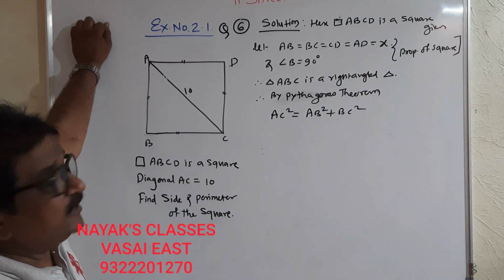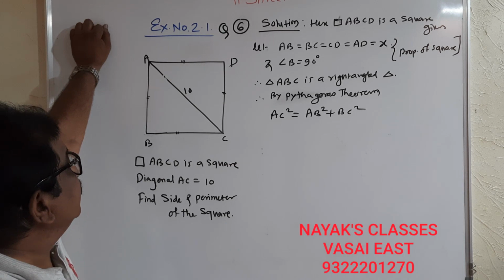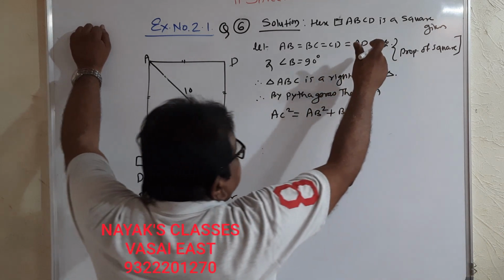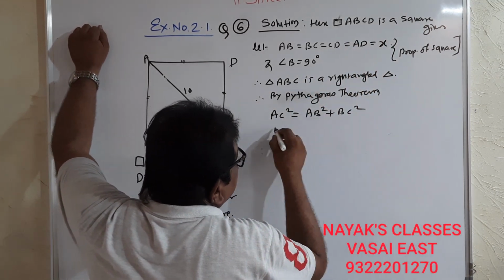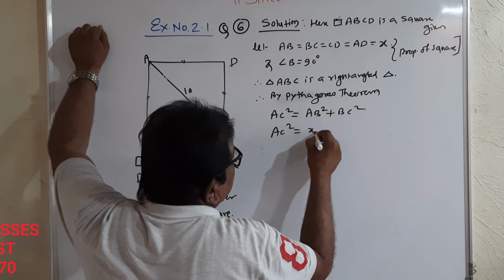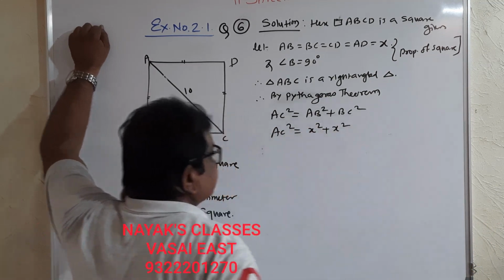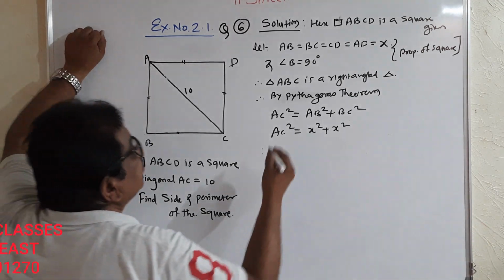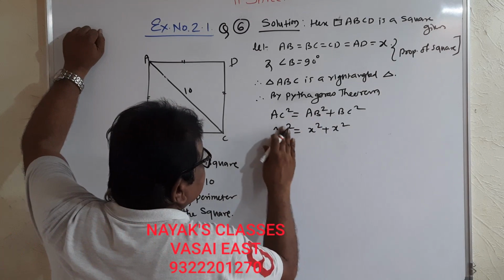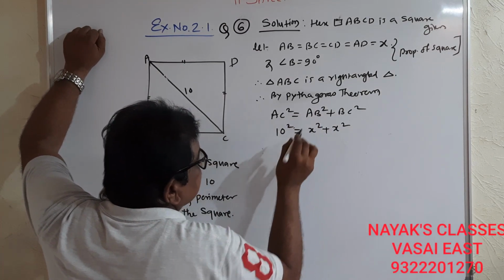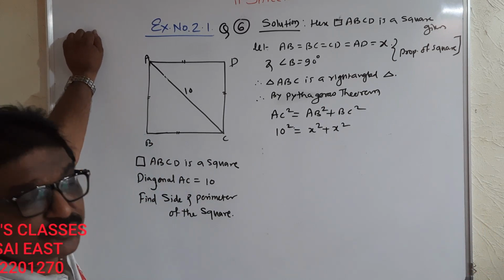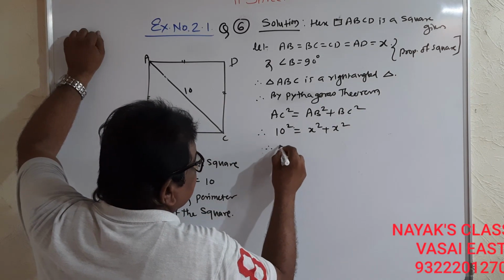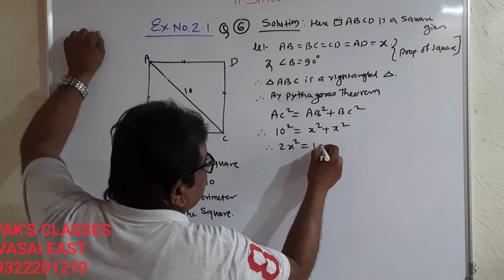But we have assumed AB equal to BC equal to CD equal to AD is x. So AC square is equal to x square plus x square. But AC is 10, so AC square is 10 square. Therefore, 2x square is equal to 100.